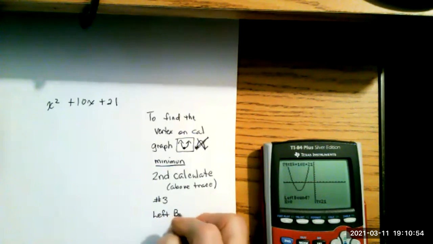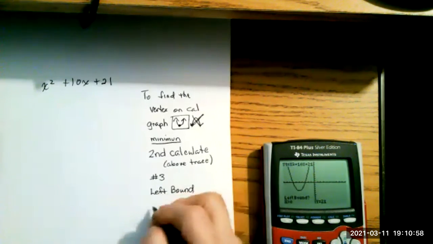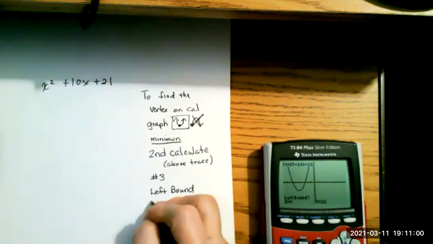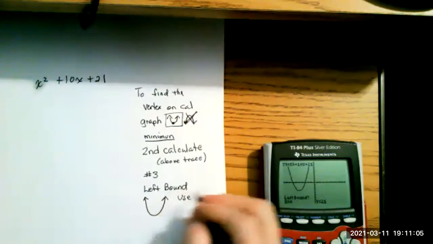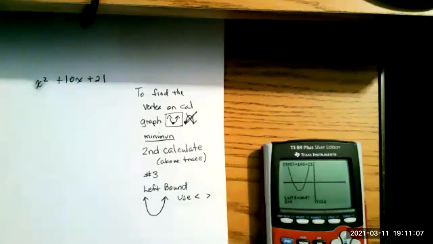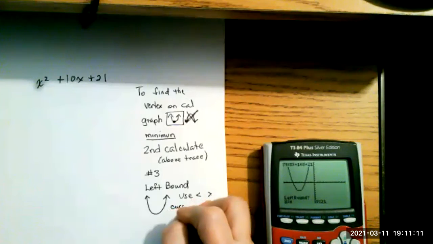And once you do that, it's going to have some numbers down there and it says left bound. So you want to come over on your picture and you're using those arrows that go left and right until you get a cursor.